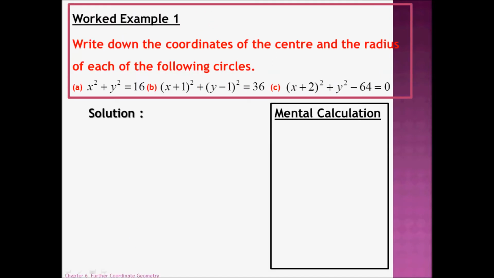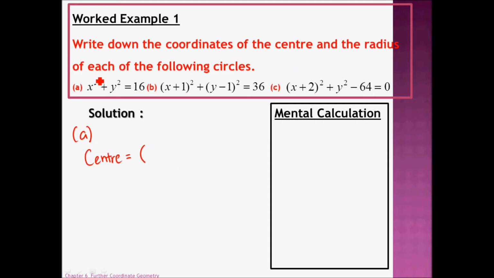Let us now look at worked example 1. In this example, we are to write down the coordinates of the center and the radius of each of the following circles A, B, C. Let us now do the solution for A. All mental calculation I will carry out within this box here. To find the center of circle A, firstly, I calculate the x-coordinate of the center.